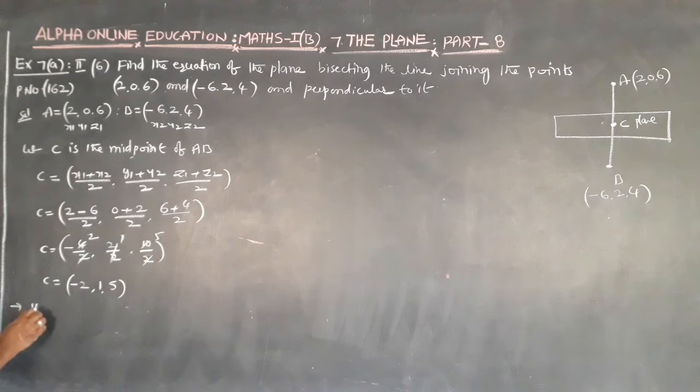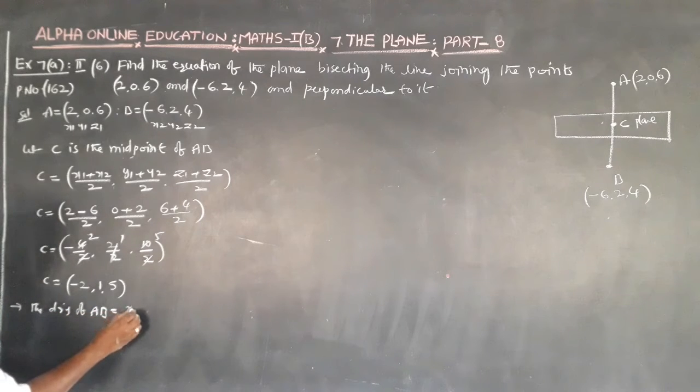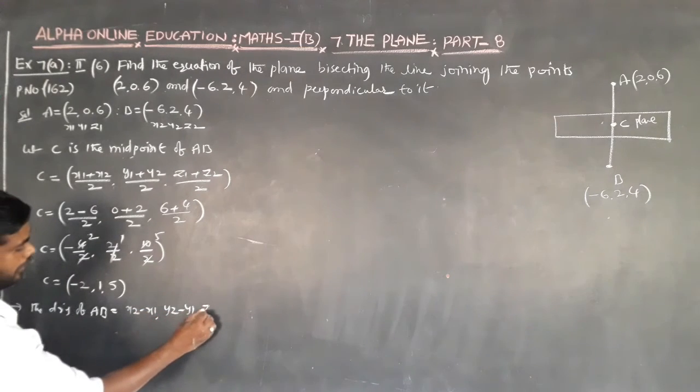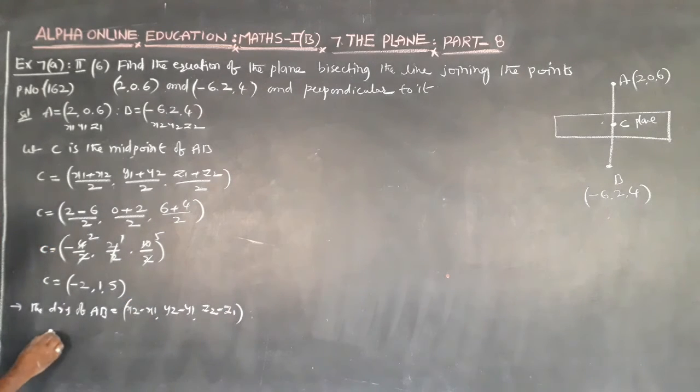Next, find the DRs of AB. DRs are x2 minus x1, y2 minus y1, z2 minus z1.